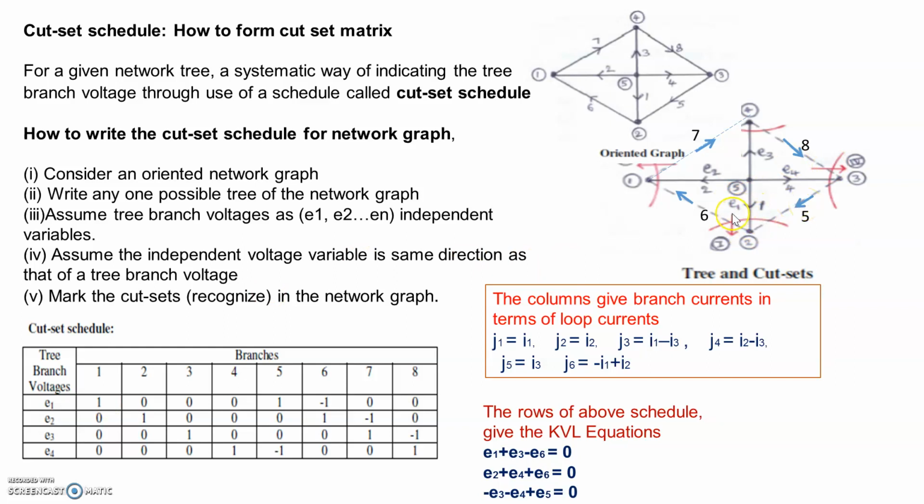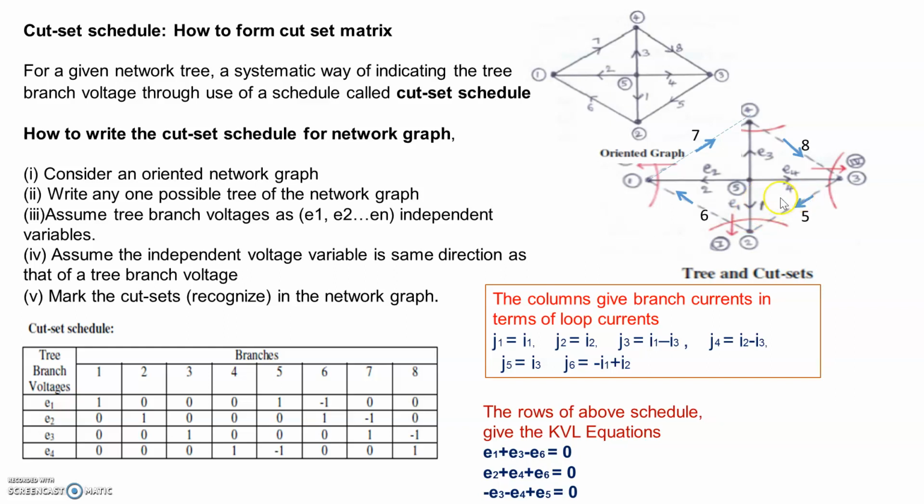So let us see. Under 5 it is written 1, under 6 it is written minus 1. So why is it plus 1 in 5 and minus 1 in 6? In 5 the current is entering node 2 just like our E1 voltage. Branch number 1 is a tree branch voltage, so I have to take this as reference.